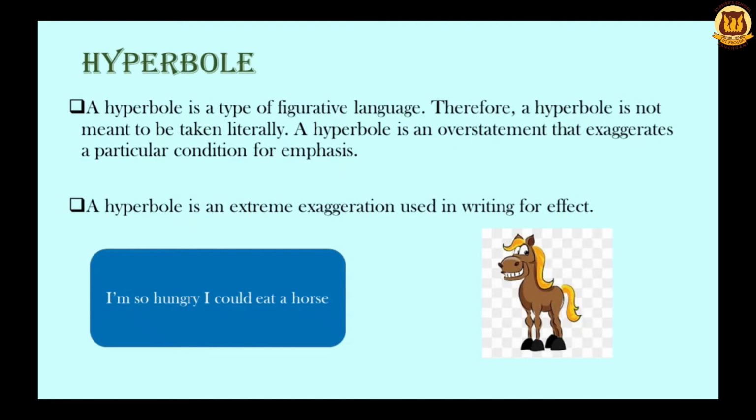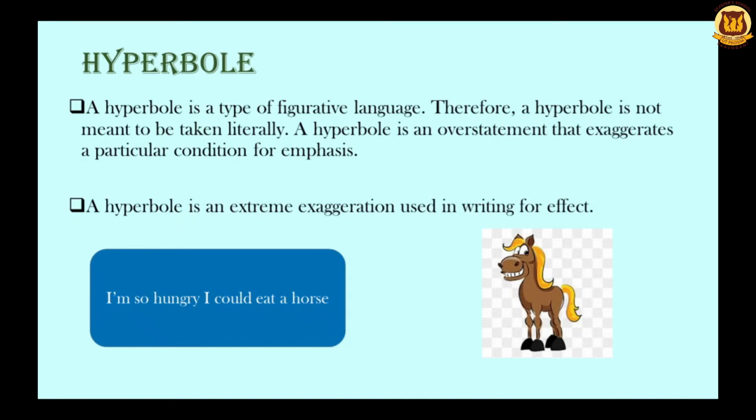For instance, when you meet a friend after a long time, you say, "Rahul, it's been ages since I saw you." You may not have met them for 3 to 4 hours or a day, but the use of the word ages exaggerates this statement and adds a lot of emphasis to it.